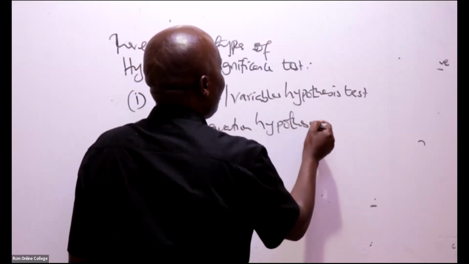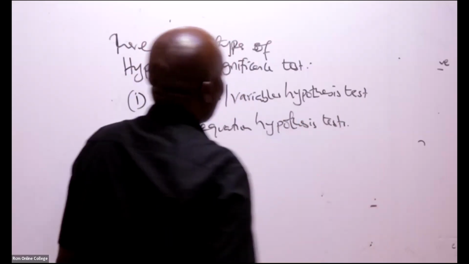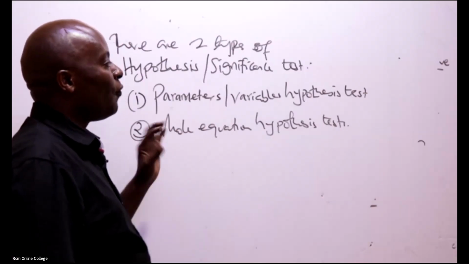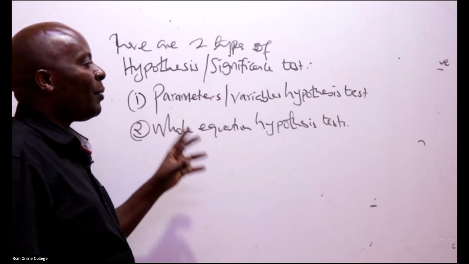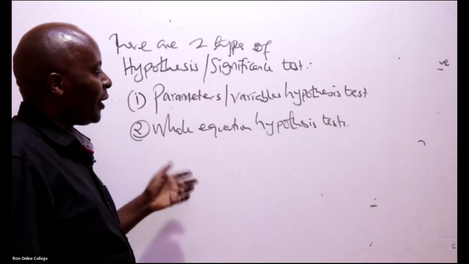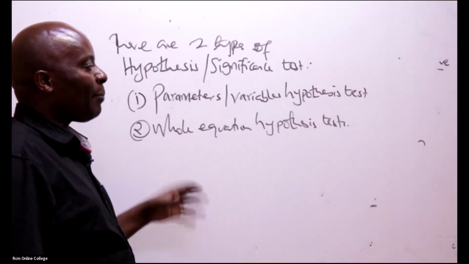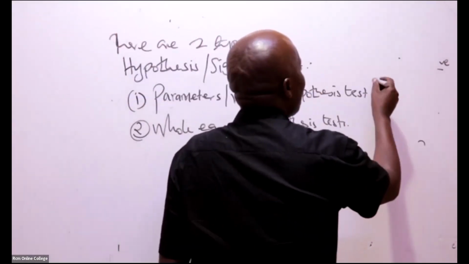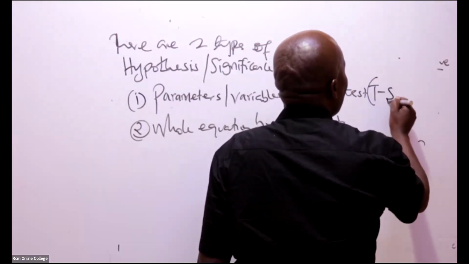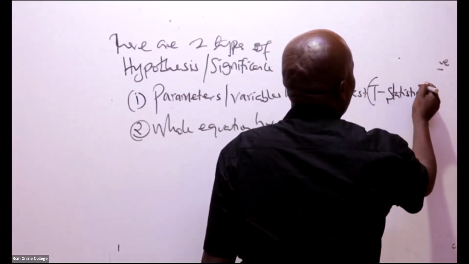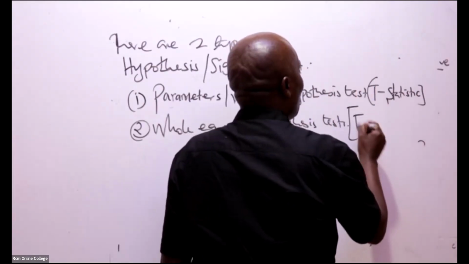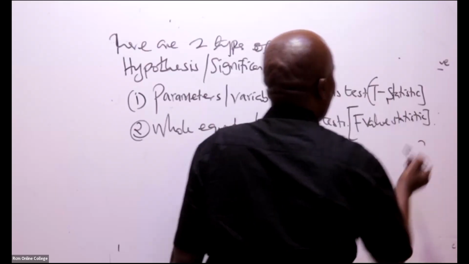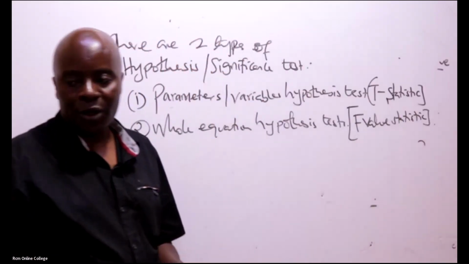We have 2 types of hypothesis test: parameters, or variables, individual parameters hypothesis tests, and then number 2, what we call a whole equation hypothesis test. Now for the parameters, or variables, hypothesis test, we shall always use what we call the T statistic. And for the whole equation, we shall always use what we call the F-value statistic.